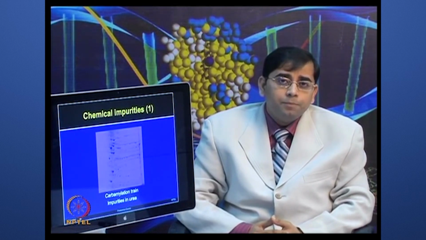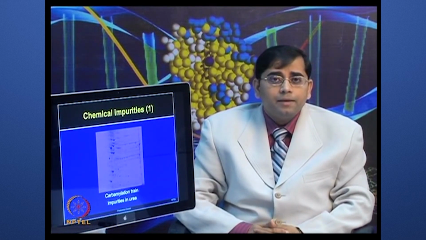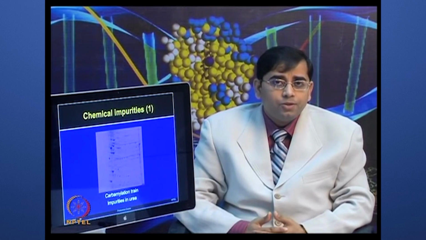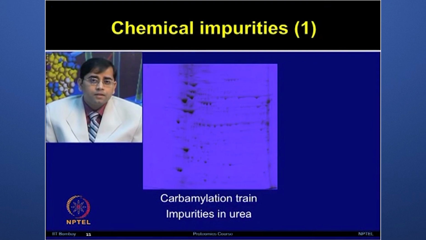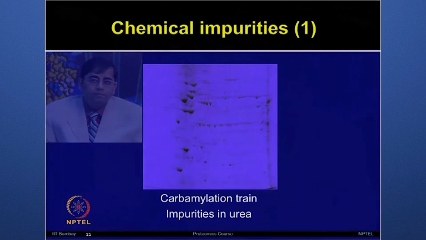Often the chemical impurities or the chemical ingredients can also give rise to different types of bad gels, such as the chemical impurities shown in this gel, where the urea is very impure and one can see the carbamylation trail as shown in this gel.